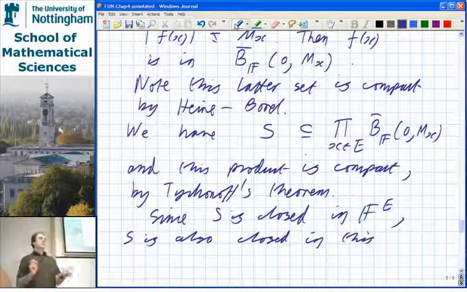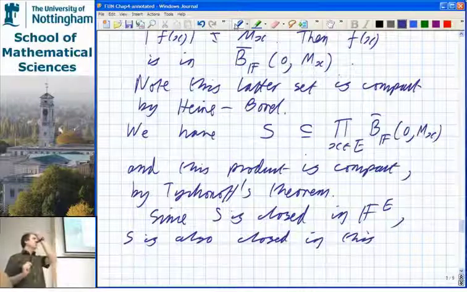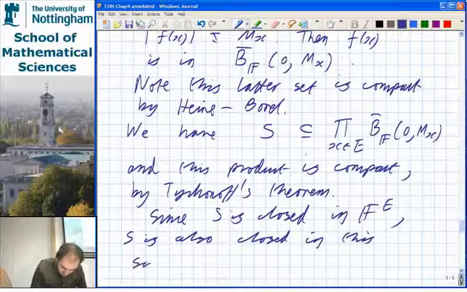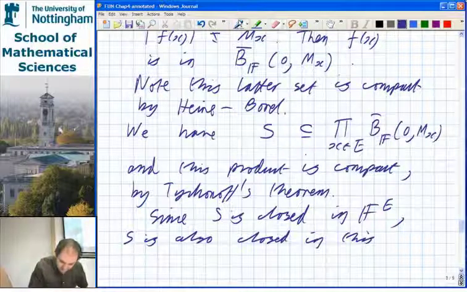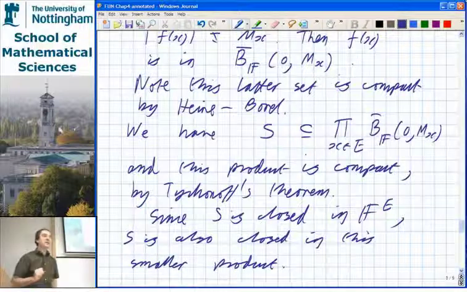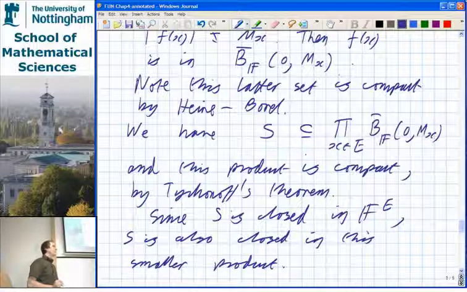If you're a subset of a subspace and you're closed in the big space, you're also closed in the small space with the subspace topology. Smaller product, I'm calling it. So S is a closed subset of a compact space, and so S is compact.